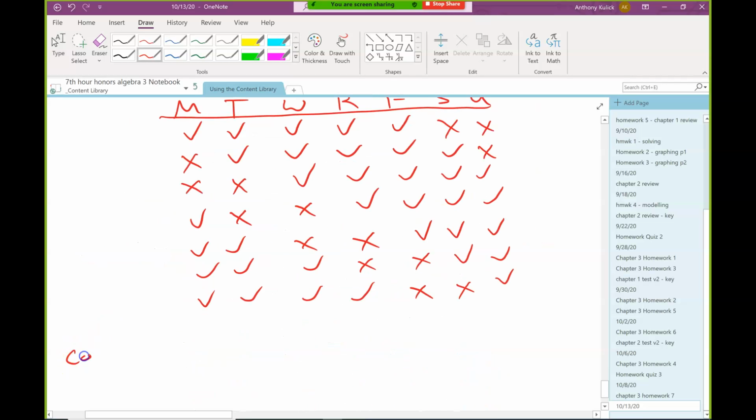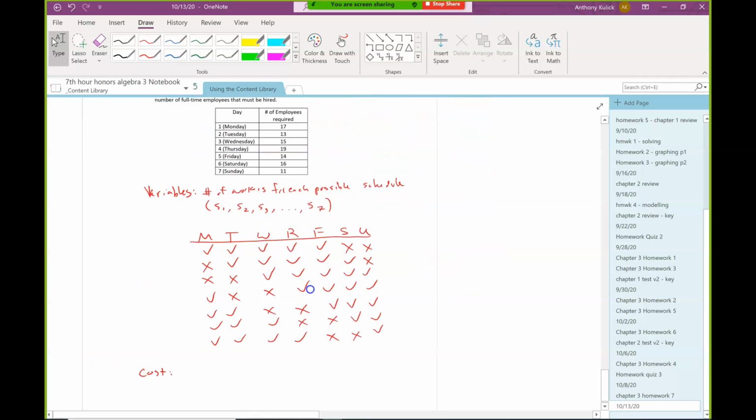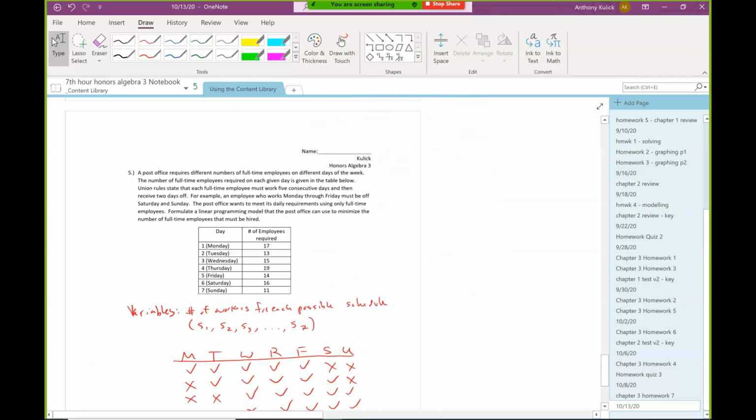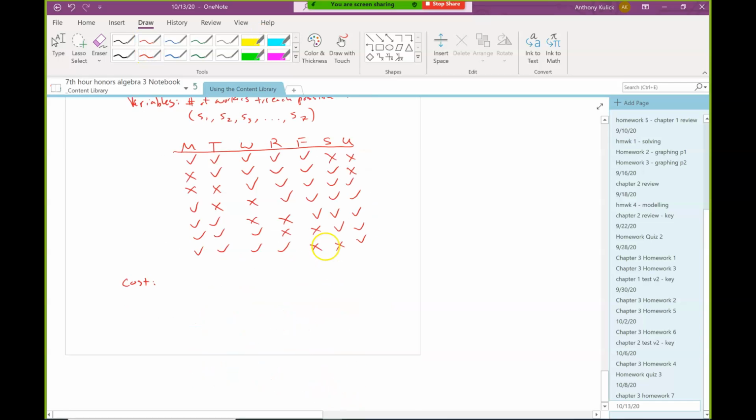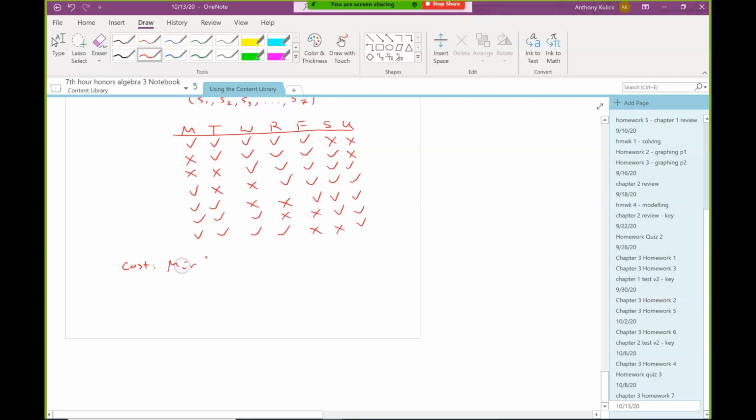So the cost function then, are we going to be minimizing or maximizing here? So I think it said to minimize the number of workers. And how would I calculate the number of workers?